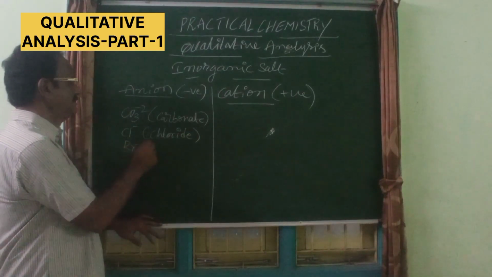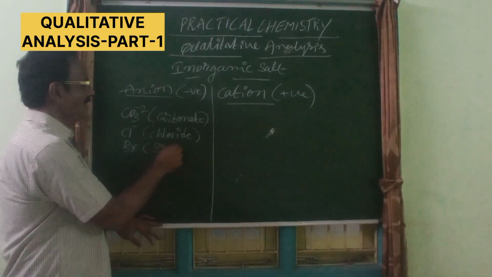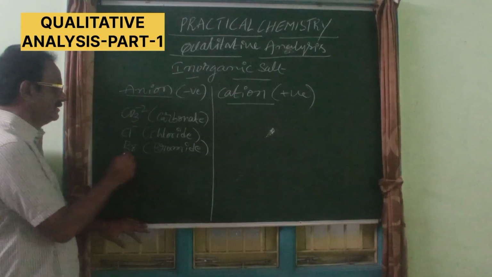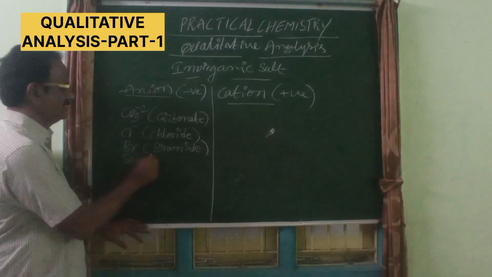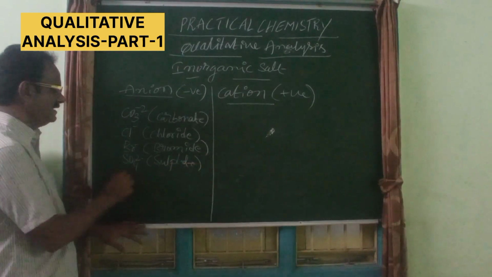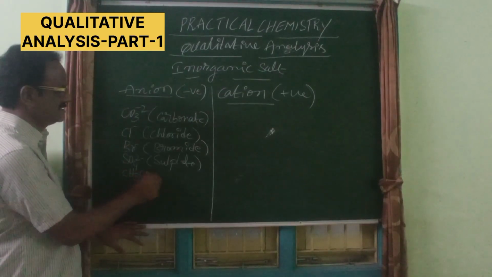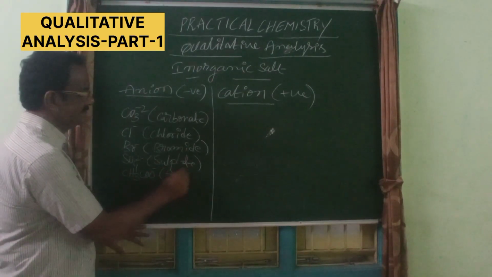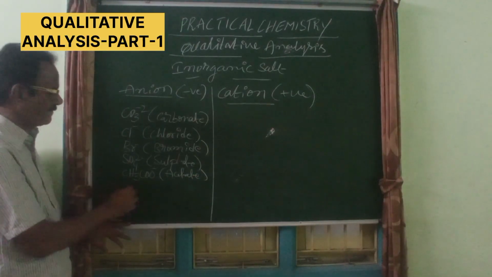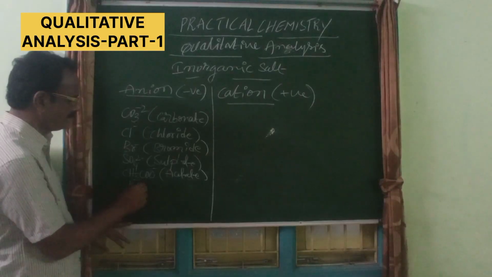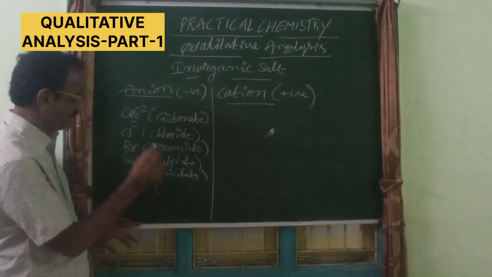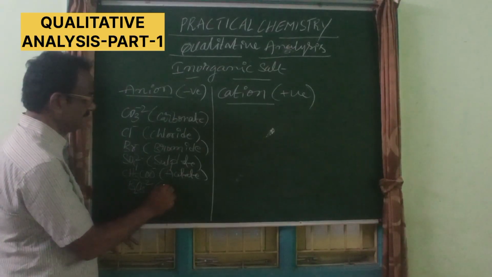Br minus, this is called bromide. SO4 2 minus, this is called sulfate. CH3COO minus, this is called acetate. BO3 3 minus, this is called borate.